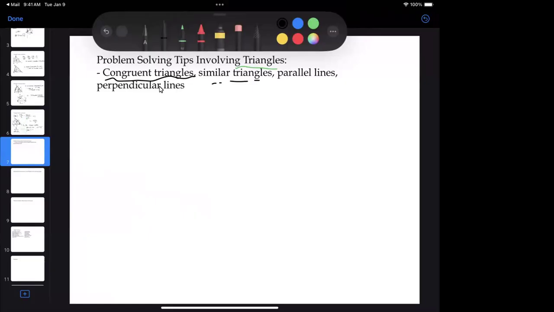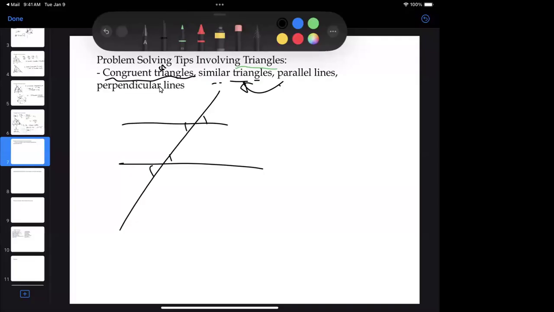Parallel lines: if we have parallel lines and a transversal, then equal angles are really nice. And equal angles can often lead to similar triangles or even congruent triangles if we have lengths.